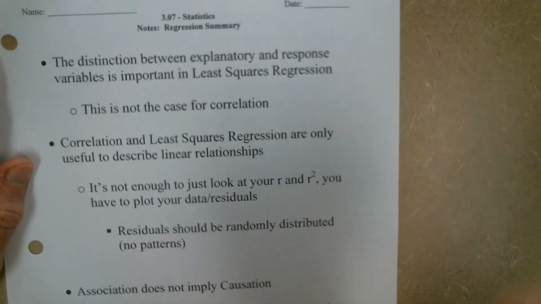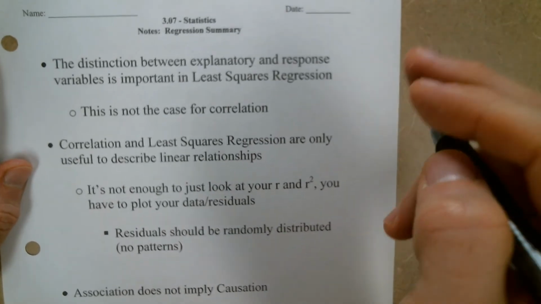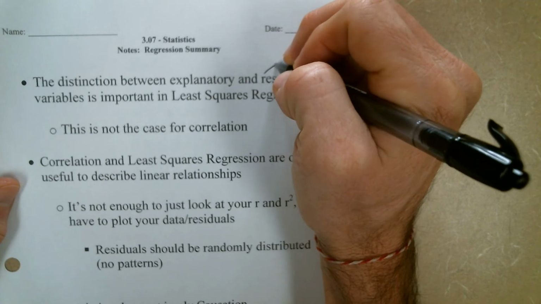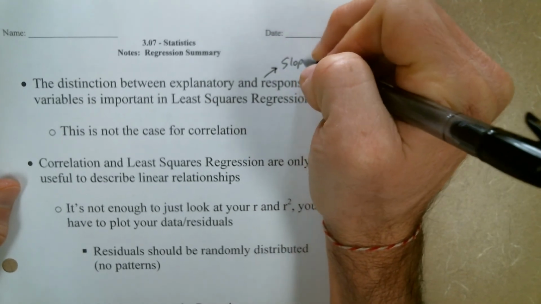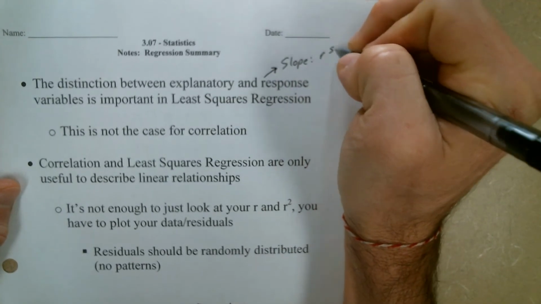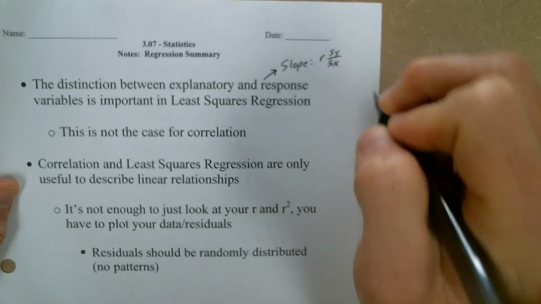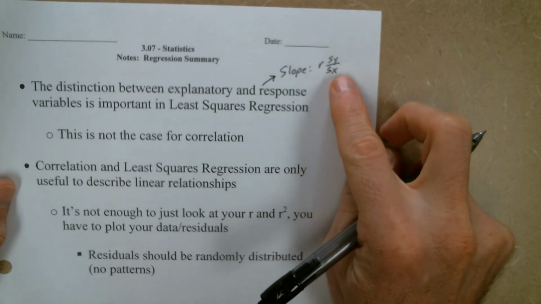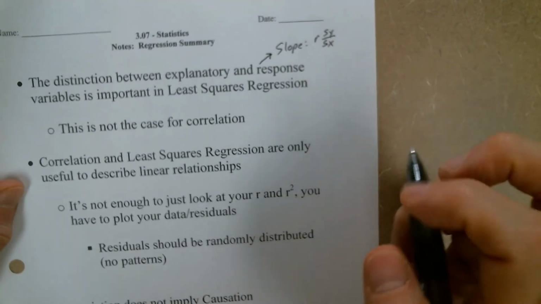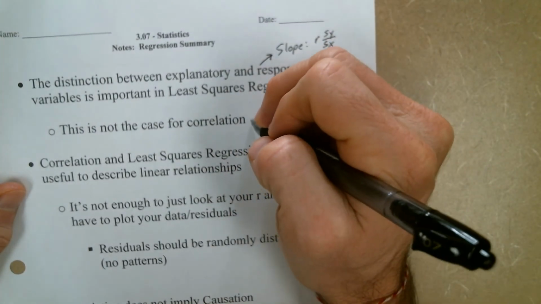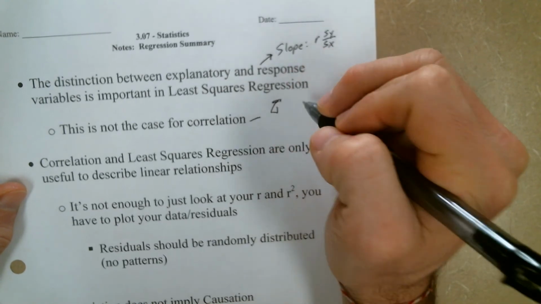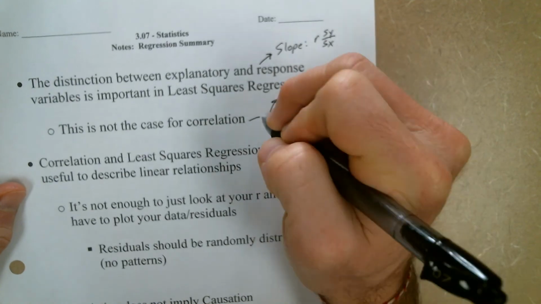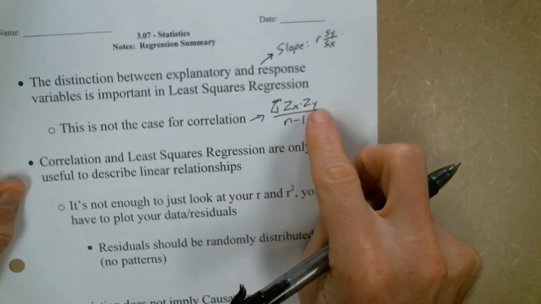All right. And again, this goes back to the formulas, and this is why we learn the formulas. The formula for slope is R times SY over SX. Division is not commutative, so if we flip the order, it matters. Correlation is the sum of all the zx times zy's divided by n minus 1, which is based in multiplication.